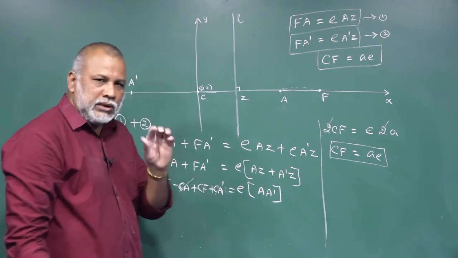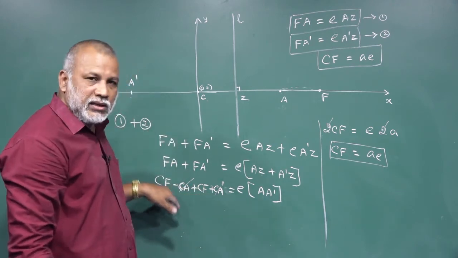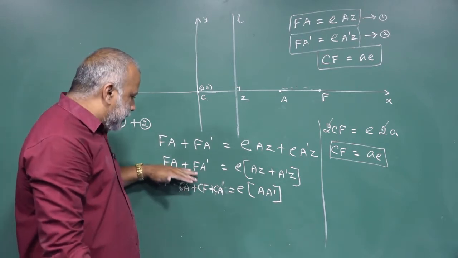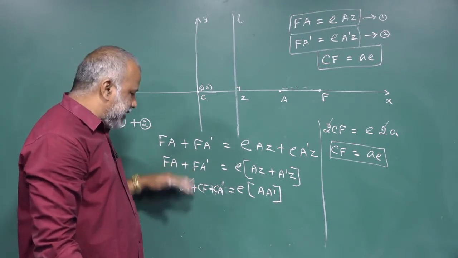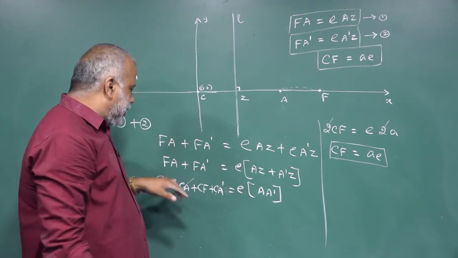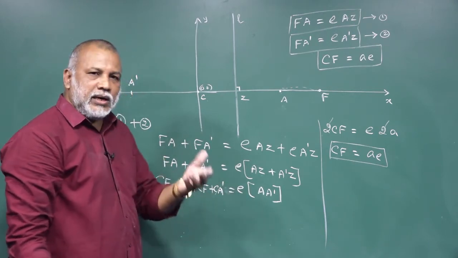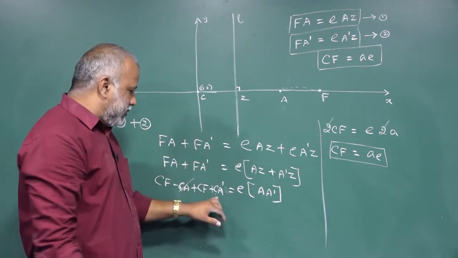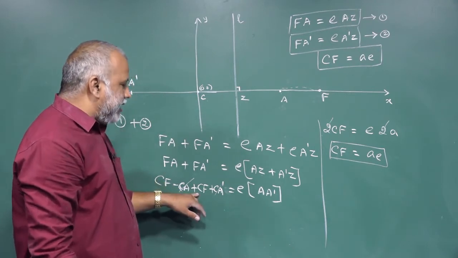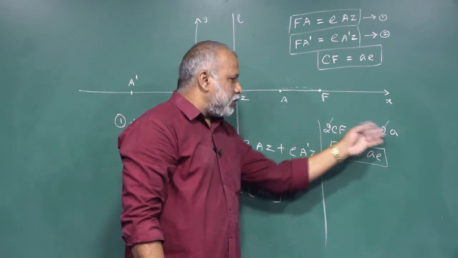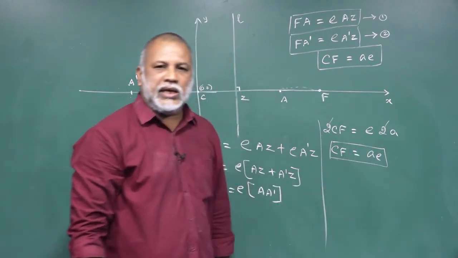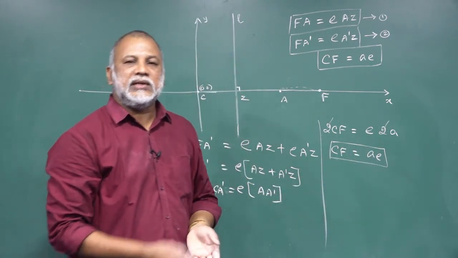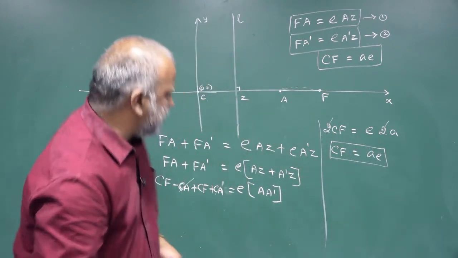All these four have the center C, so they can be converted in terms of the center. Then eliminate the positive CA and CA dash because CA equal to CA dash. Then CF adding with CF, we get 2CF. 2 will be removed. CF equal to AE. It is one of the results we need to solve the standard equation.